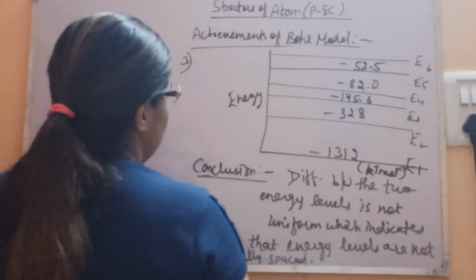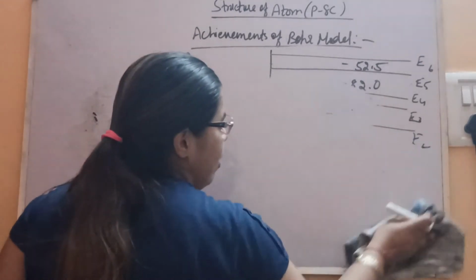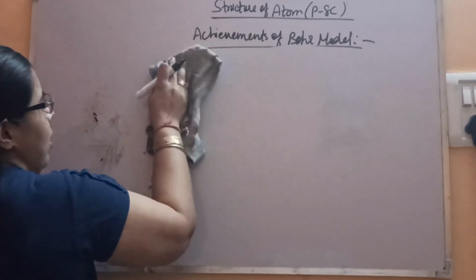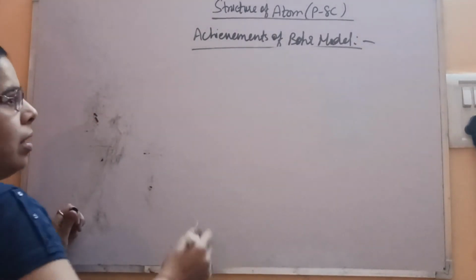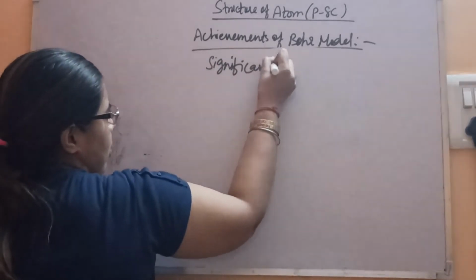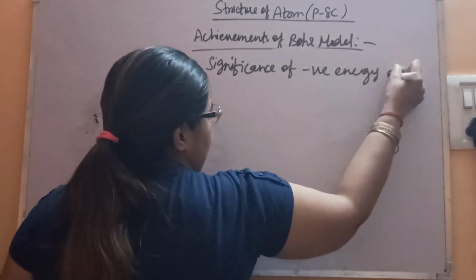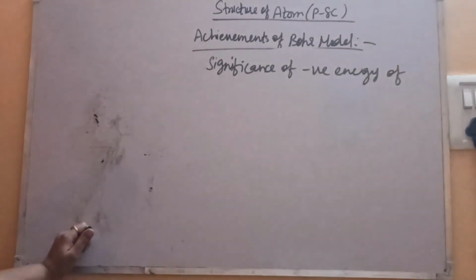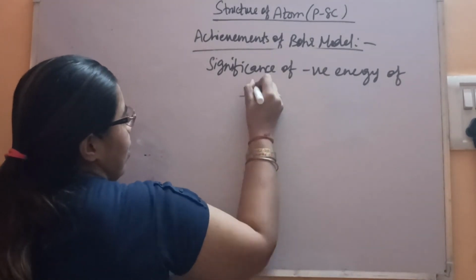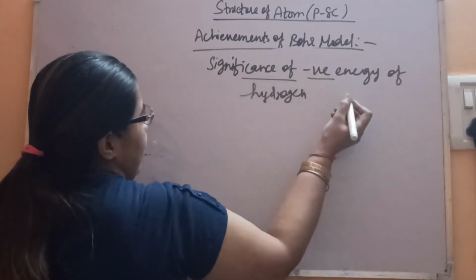Fine. So let's see now the significance of this negative energy. Why are we writing negative? Why not positive? So let's see. Significance of the negative energy of a hydrogen atom, the negative sign.